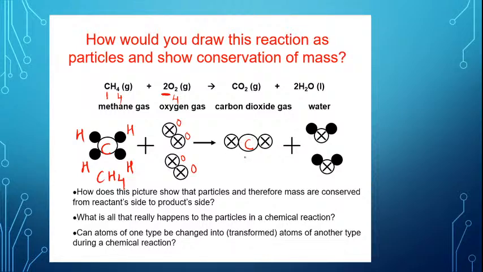Then how many oxygen atoms? 1 2 3 4. So there are 4 oxygen atoms, and we observed 4 oxygen atoms, right? Understood? And then how many hydrogen? 1 2 3 4. Once again 1 2 3 4. So how many hydrogen atoms on this side? 4.